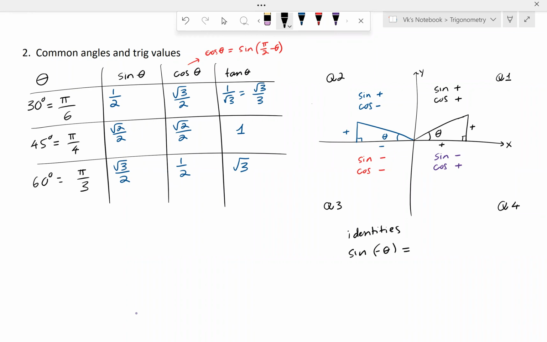Sine of negative angle is negative sine of the angle. Then cosine of the negative angle is just the positive. So it's the same as cosine of the angle theta. This is the pretty cool identity. It's the negative angle identity.